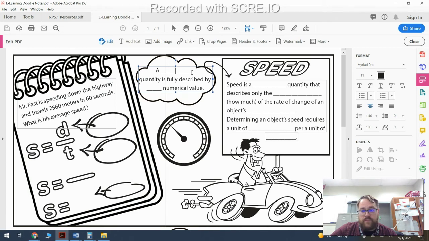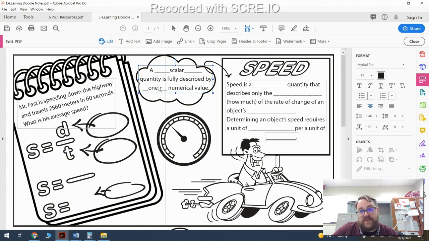But speed specifically is something that we call a scalar quantity, and that is spelled like this: SCALAR, scalar. And a scalar quantity is basically like how much of something, or it's a number. So a scalar quantity is fully described by one numerical value.